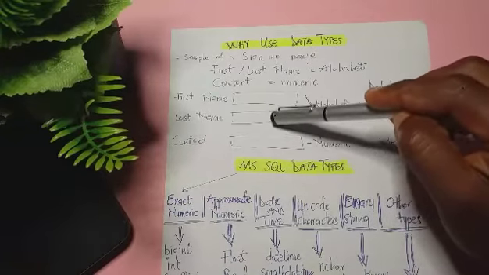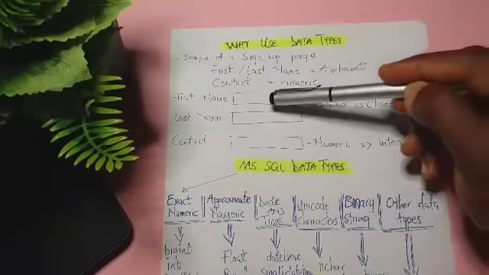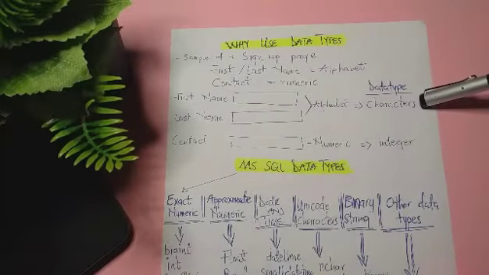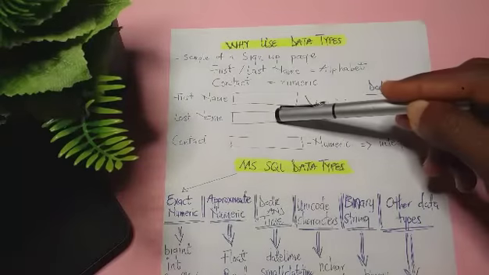So for us not to accept an integer in first name and last name, we need to introduce the characters data type. So that's where the characters data type comes in.